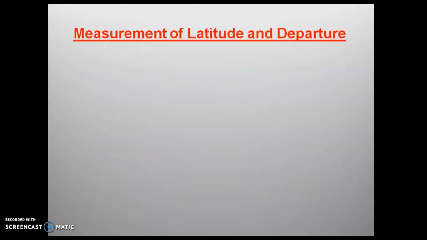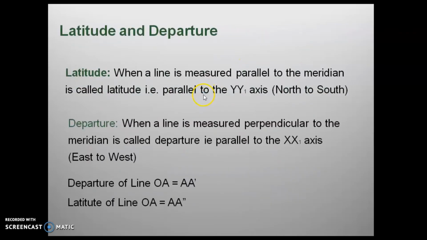Now, measurement of latitude and departure. So how will you be measuring? The latitude of a line can be calculated by L cos theta. This is the formula, where L is the length, and theta is the bearing of a line. I will show you.